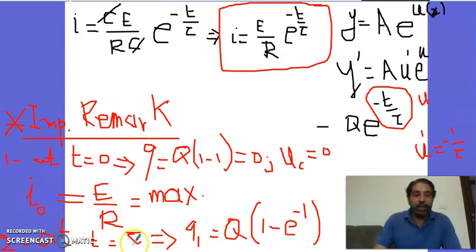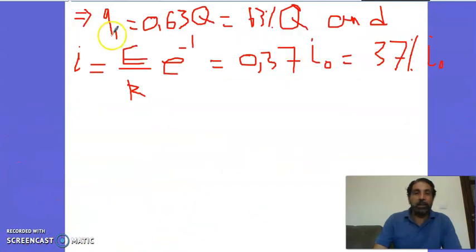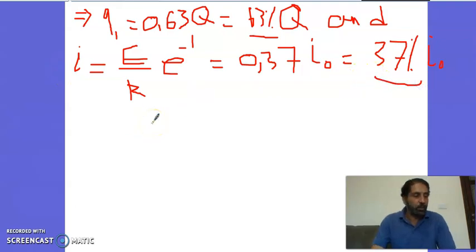And also at t equal 1 tau, we obtained that the charge reaches 63% of the total value, while the current reaches 37%, means the current drops by 63%. Clear? Let me emphasize on it here.